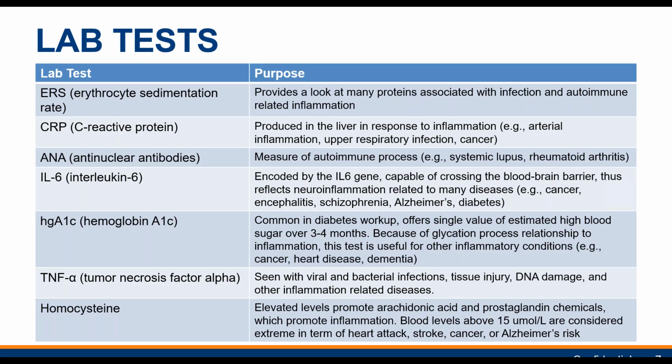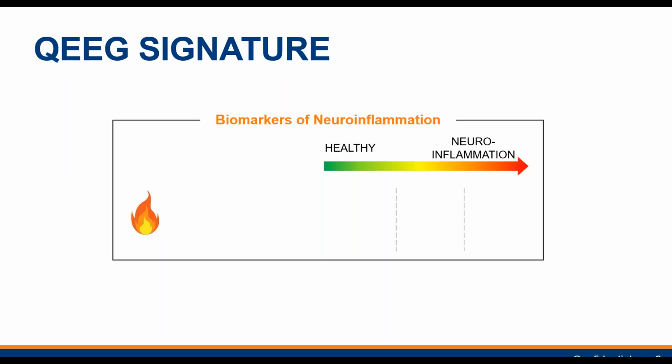So really, we recommend pairing any of these lab tests that you may already be doing with the EVOX assessment. And the reason why is because EVOX gives you access to qEEG, right? And we're looking for a neuroinflammation qEEG signature, if you will.